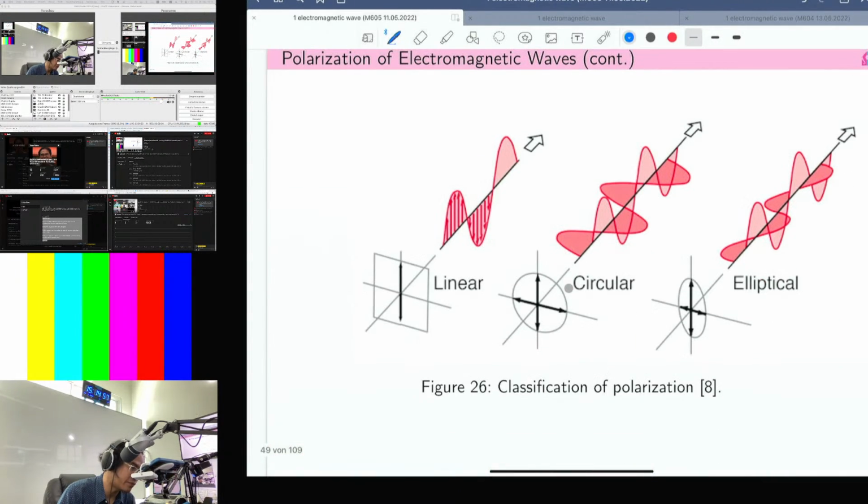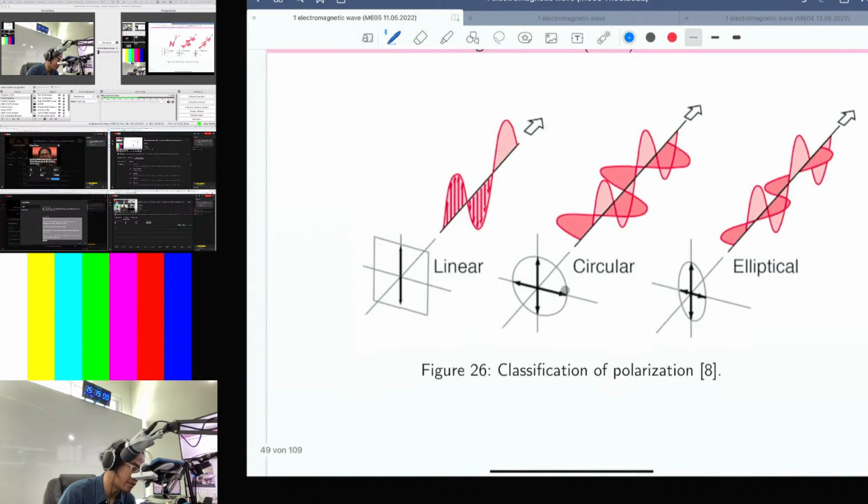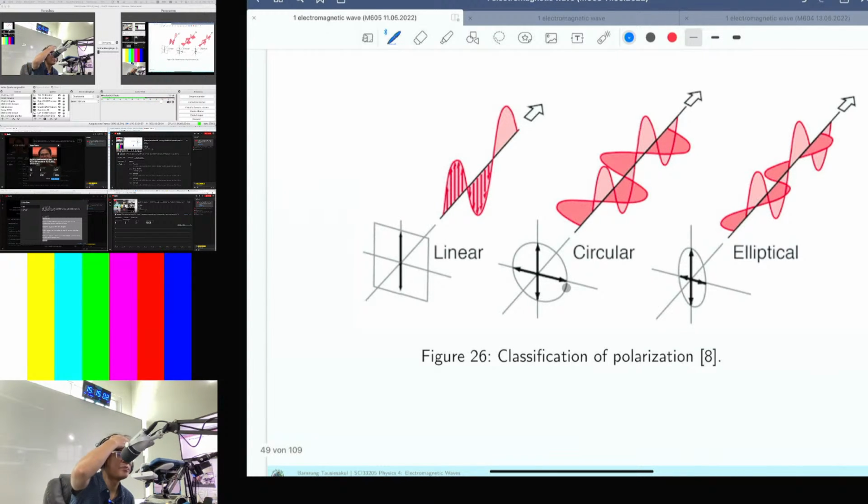So in conclusion, we have three kinds of polarization. The first one is linear polarization. The electric field goes up and goes down, goes up and goes down, and so on, and the wave travels in this way.